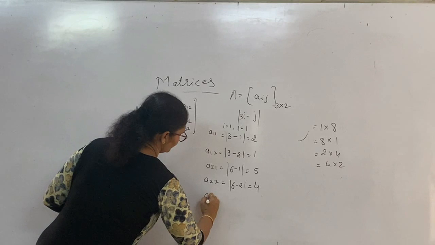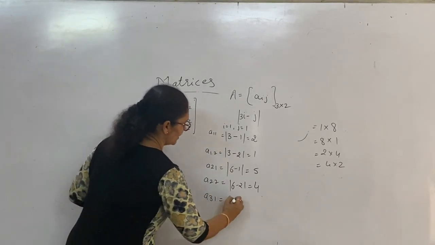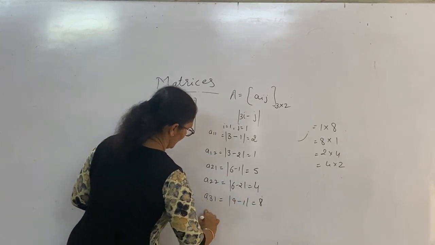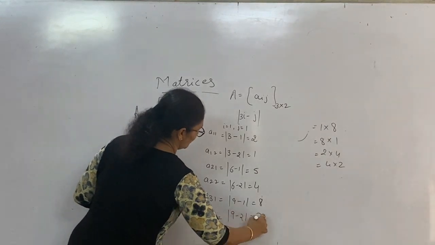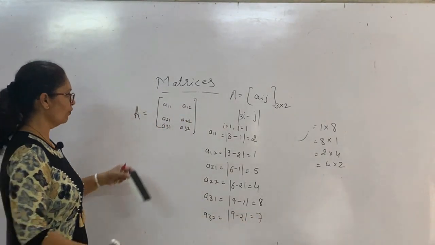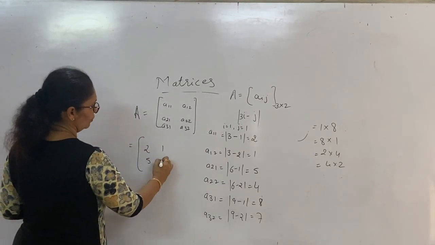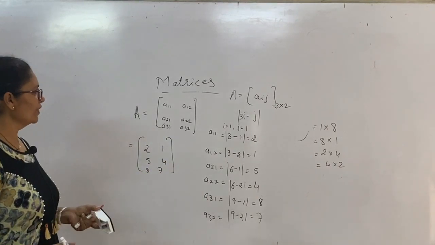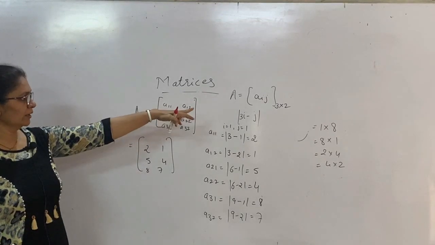Now a31, so i is 3. 3 threes are 9, 9 minus 1 will be 8. And last a32: 3 threes are 9, minus 2 will be 7. So now what is your new matrix? 2, 1, 5, 4, 8 and 7. So this is your matrix with order 3 by 2.